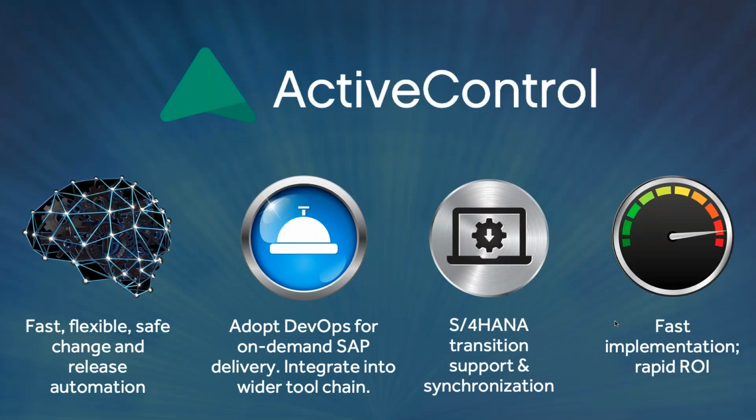So what we'll be talking about today is one of the Basis Technologies solutions called Active Control, which is focused on helping customers manage their change and release automation in a more fast, flexible, and safe way, allowing them to adopt more DevOps practices for on-demand SAP delivery and integration into a wider tool chain that varies from customer to customer, depending upon how they are handling their IT service desk, how they're handling their product backlogs.